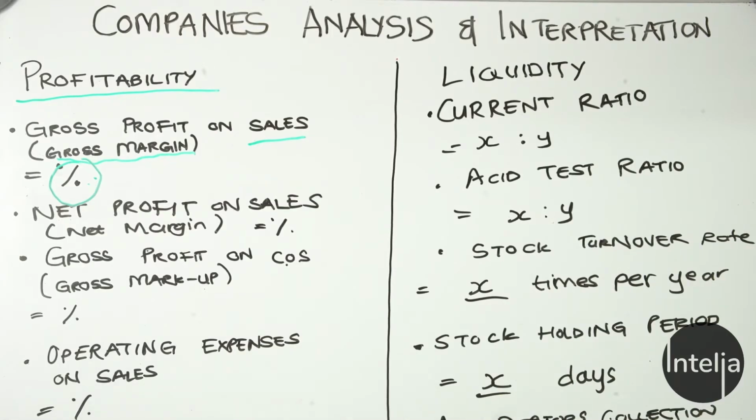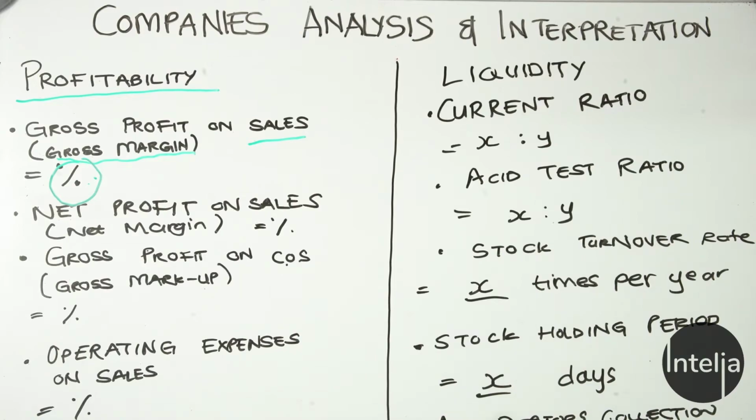Because of that, companies that have foodstuff delivered to them increase the prices of their products. And then as a consumer, you just see higher petrol, higher transport, higher prices for food. Everything just goes up. That's how inflation works. So that's also what would have happened if you see a decrease in your gross profit on sales.